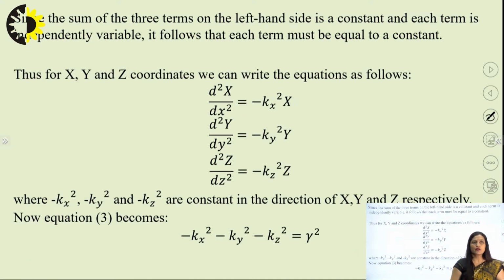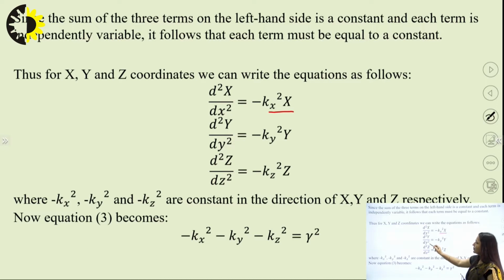So since the sum of the 3 terms on the left hand side is a constant and each term is an independent variable, it follows that each term must be equal to a constant. So for the x, y and z coordinates, we can write the equations as follows: del square X upon dx square is equal to minus kx square X, one of the constants in the x direction.